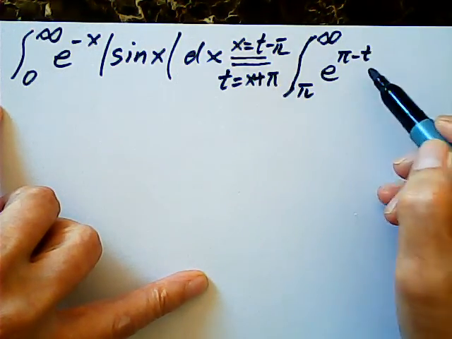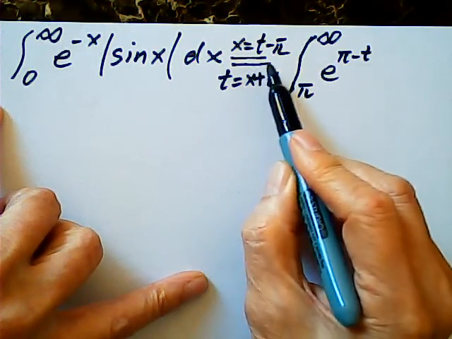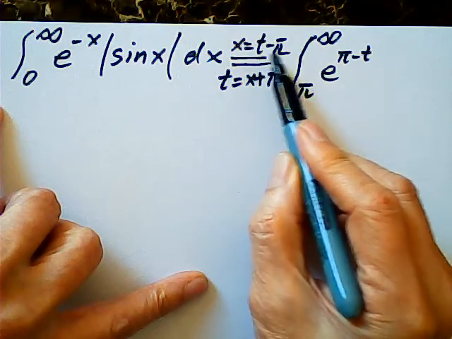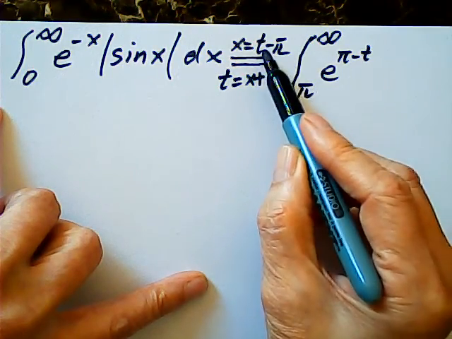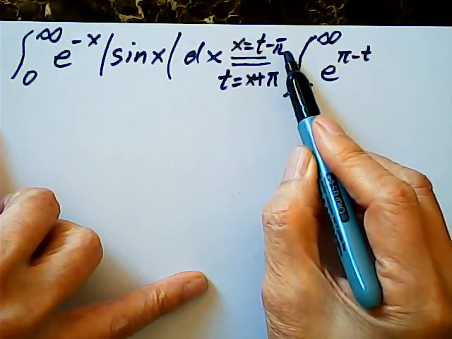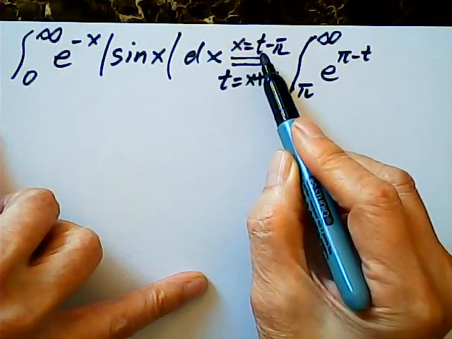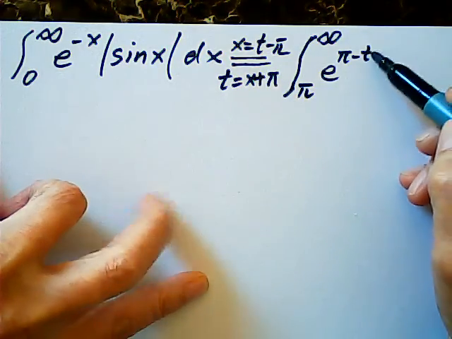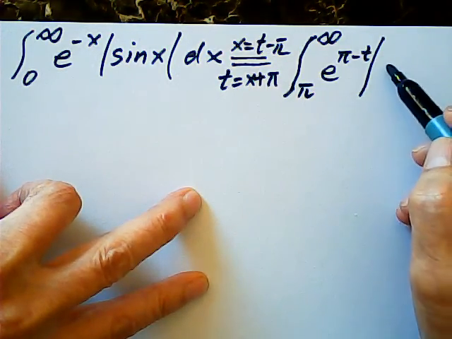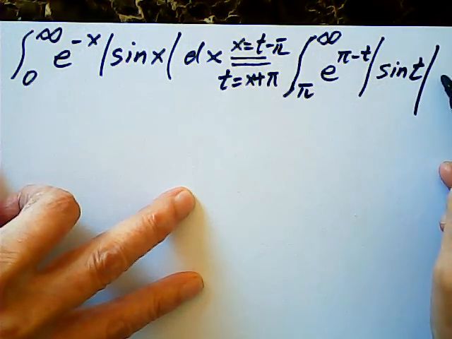Now, sine of t minus pi is equal to negative sine t, right? Because absolute value is the same. Therefore, it is absolute value sine t and the dt.